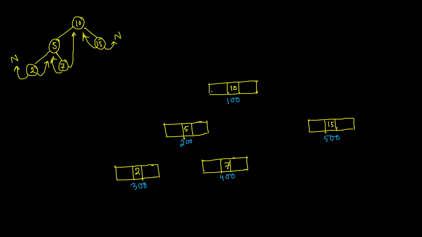And you see, in the left side of this one, obviously will be 200, and this is 300. It will point to this node. The left side of this one will become 300 because of the left child. Oh, sorry, 500, not 300.